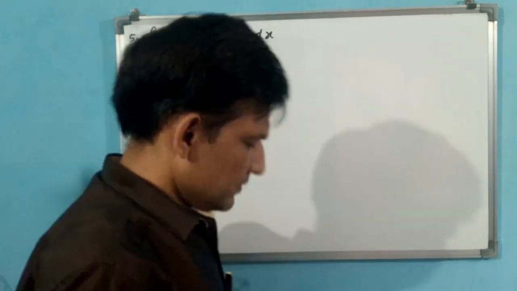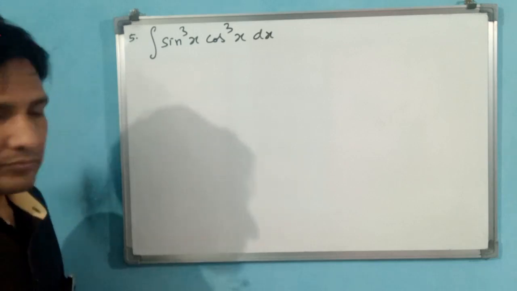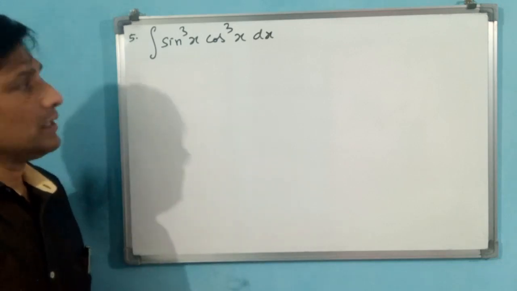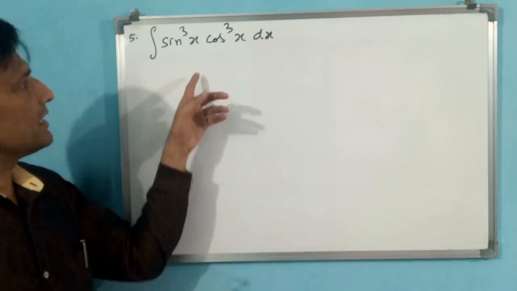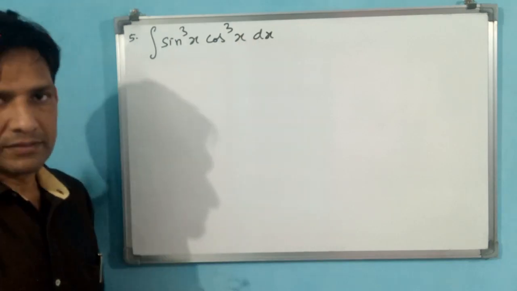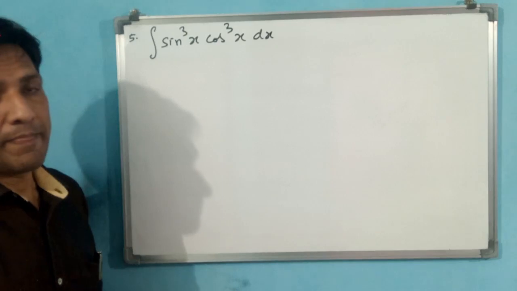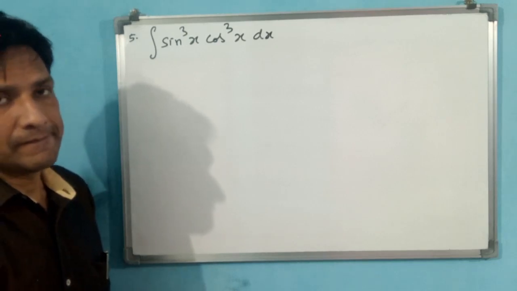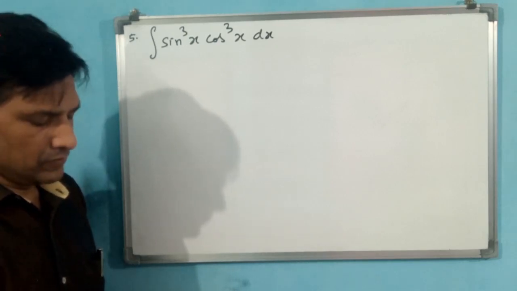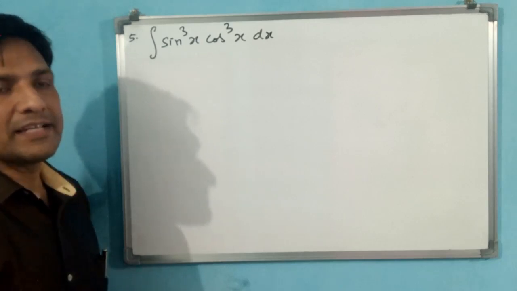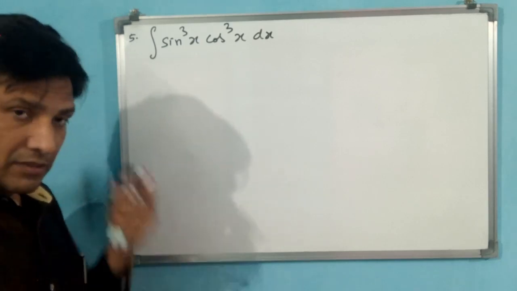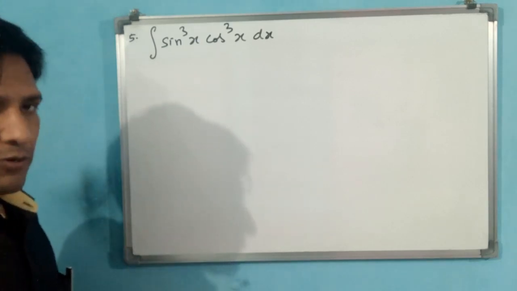Let us go for the fifth question. Integral sin cube x cos cube x dx. Okay, how to do this? Don't take the sin 3a, cos 3a formula, but see, one logic I am telling, you follow that.